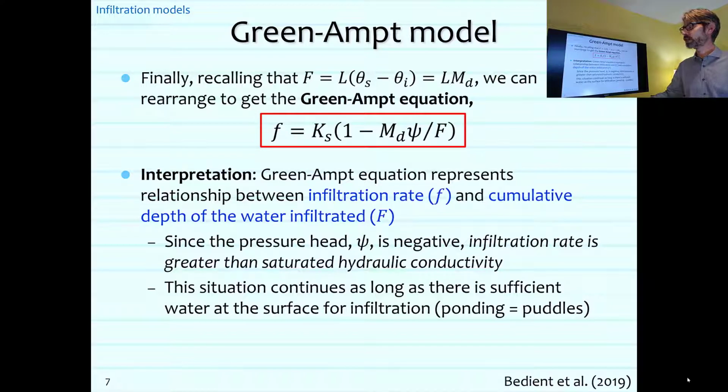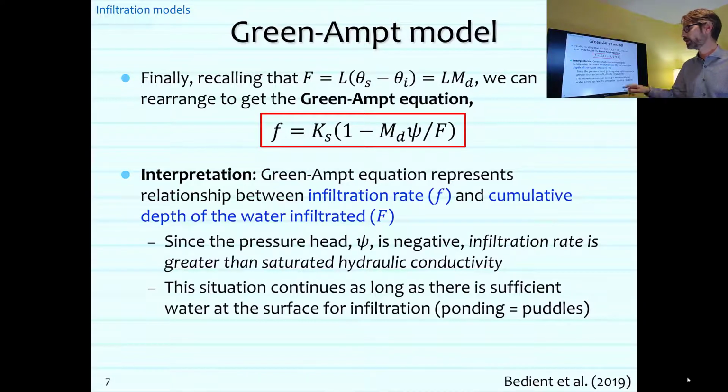Since the pressure head psi is negative, the infiltration rate, lowercase f, is greater than the saturated hydraulic conductivity. So we have 1 minus a negative, so 1 plus something. This situation continues as long as there's sufficient water at the surface for infiltration to occur.